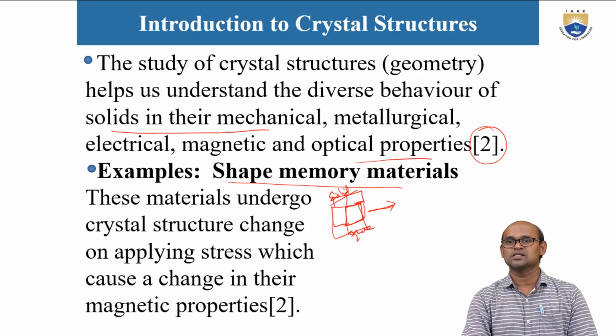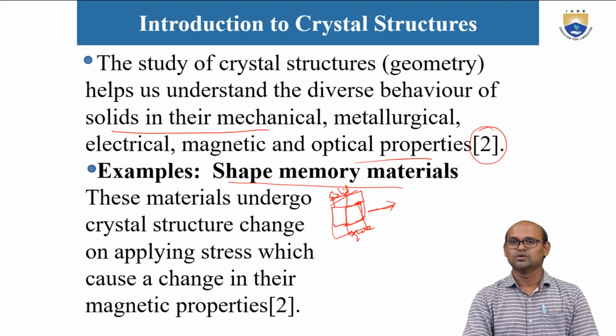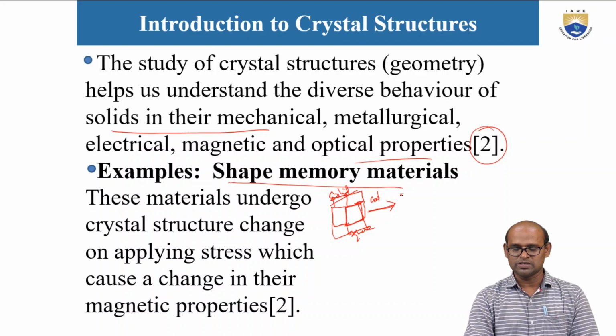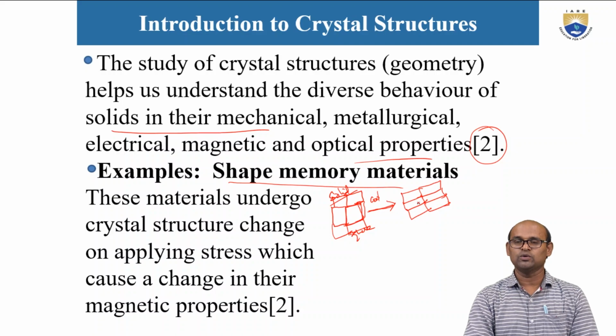In general, we need to discuss a three-dimensional structure, but I am taking two dimensions for simplicity, for convenience to understand it easily. Now I am going to cool this material. Then the square unit cells can deform into rectangular unit cells. All the square unit cells are going to deform into rectangular unit cells when I cool it.